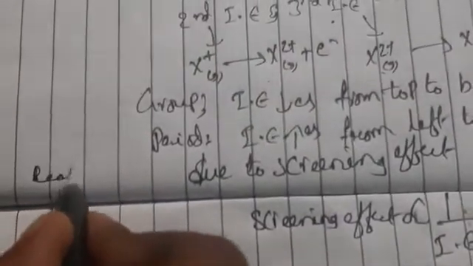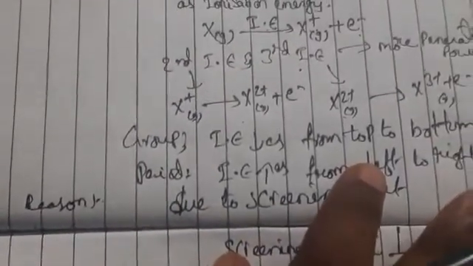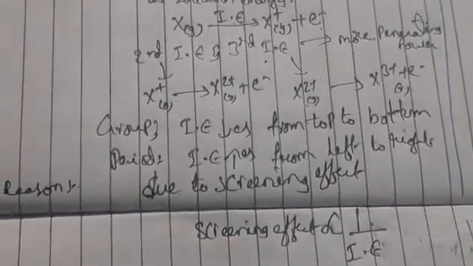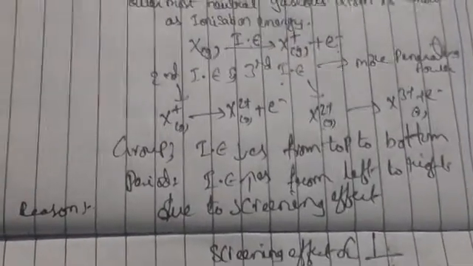The reason is the screening effect and the effective nuclear charge as well. With less screening, ionization energy increases as size decreases. If there is poor shielding, the effect is different.